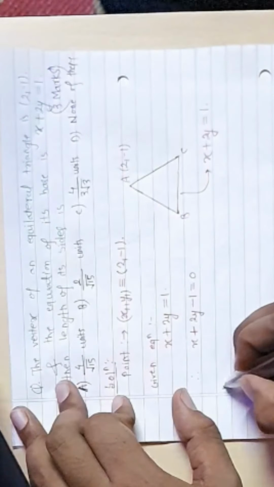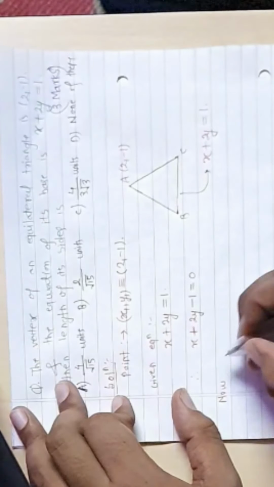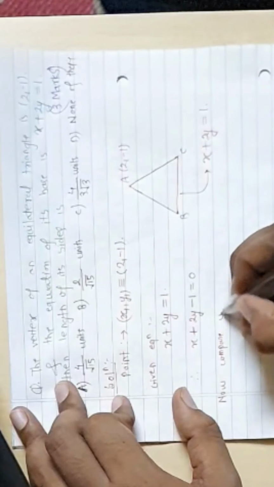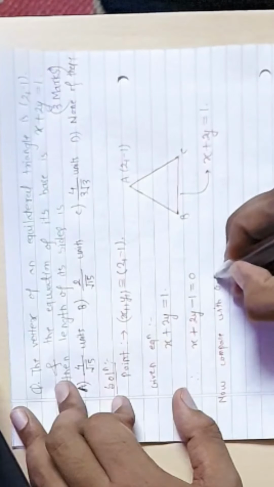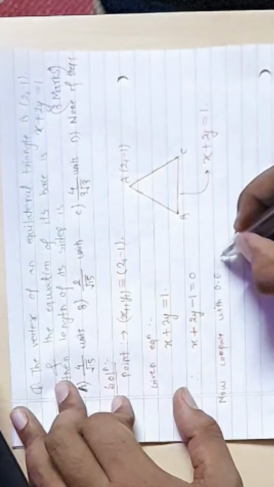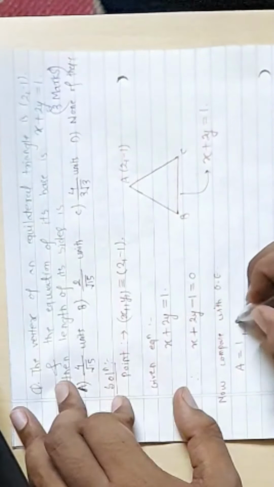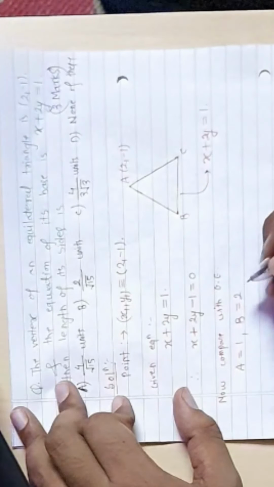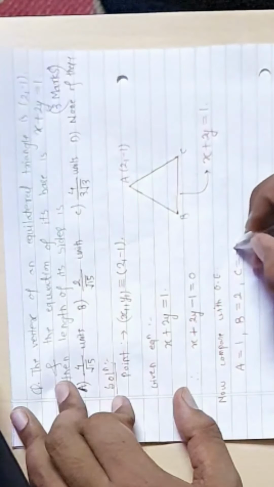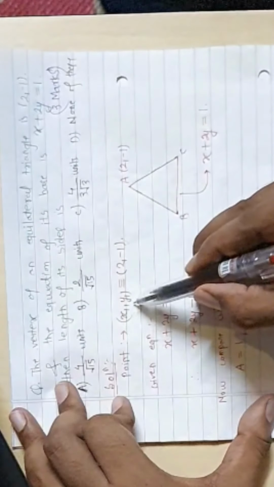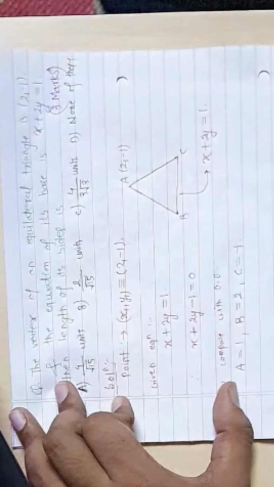Now compare with the general equation. What we get? a = 1, b = 2 and c = -1. And the value of (x1, y1) is (2, -1).